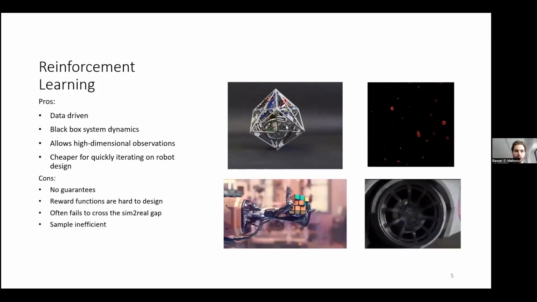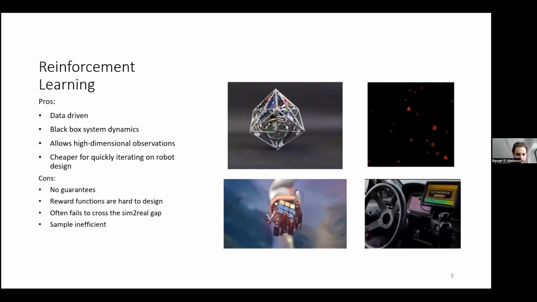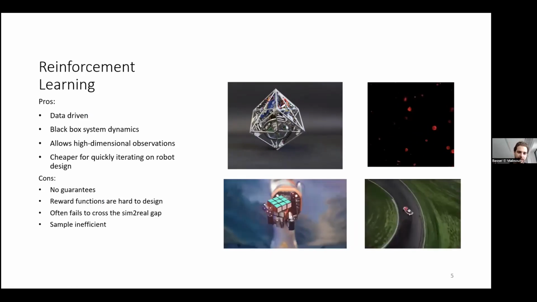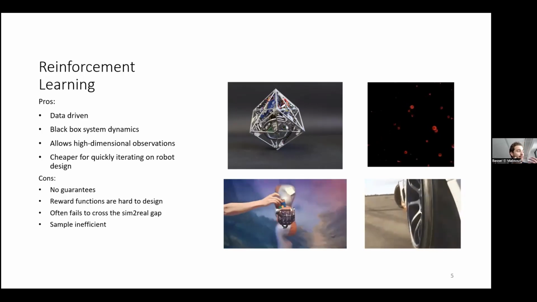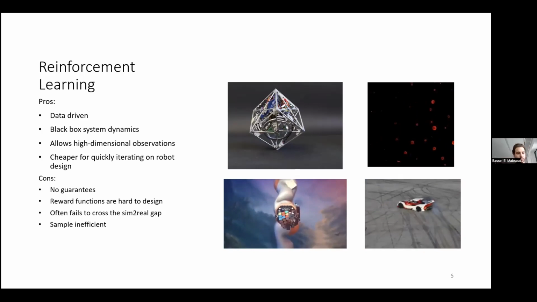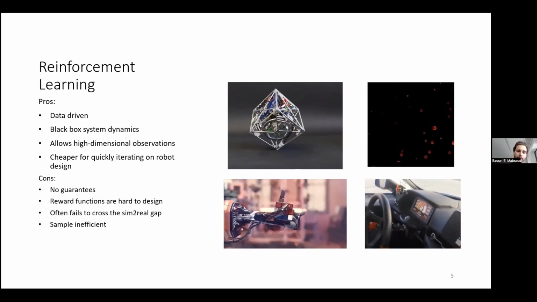It's not just the PID controller. But in reinforcement learning, we can handle high-dimensional observations. It's a black box data-driven method, which means we can literally try finding controllers in reality directly, rather than having to model how reality works before producing a good controller.